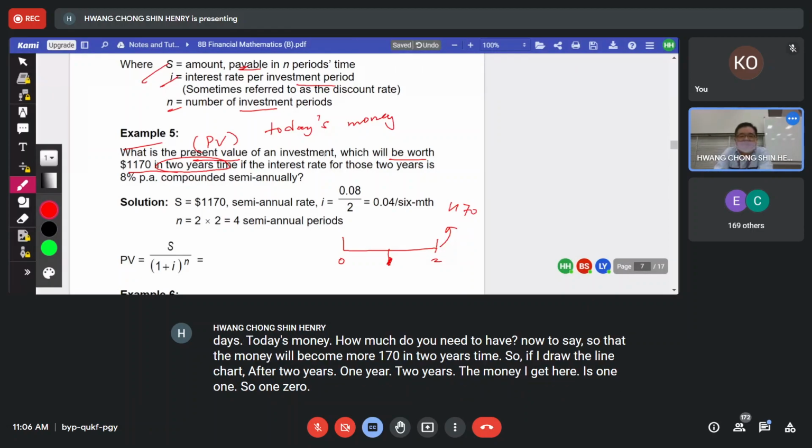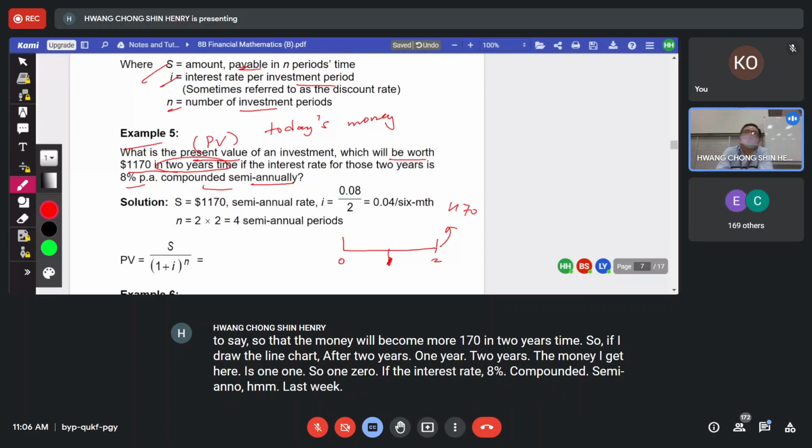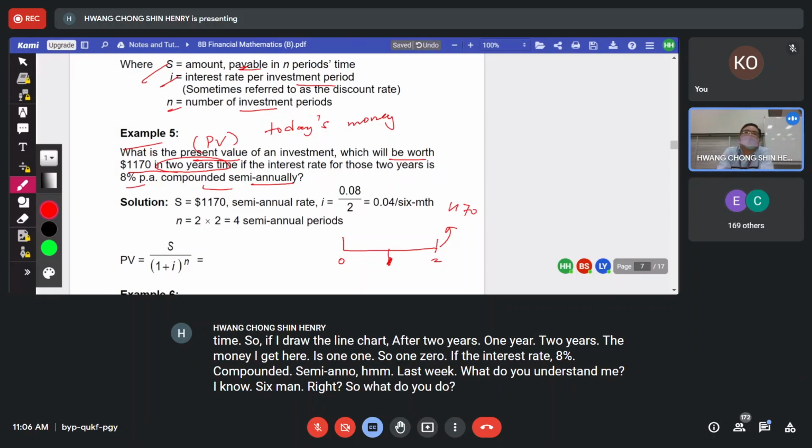If the interest rate is 8% compounded semi-annual. Last week, what did you learn about semi-annual? 6 months, right? So what do you do? Divide by 2.